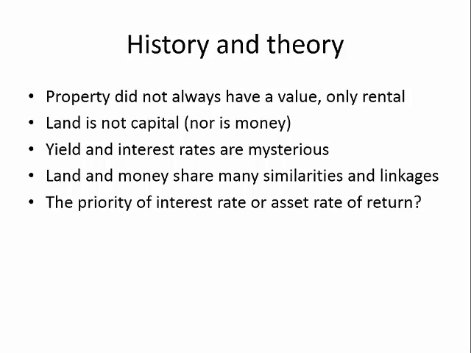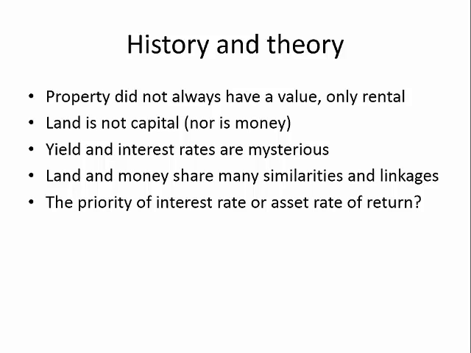Another point which is made in the study guide is that land, like money, is not capital, even though in our part of history we often refer to both money and land as capital. And we go into the history of that confusion in the study guide.